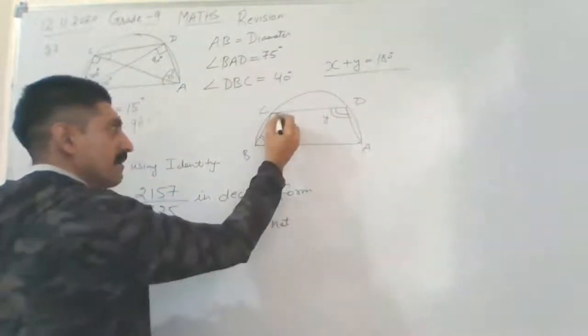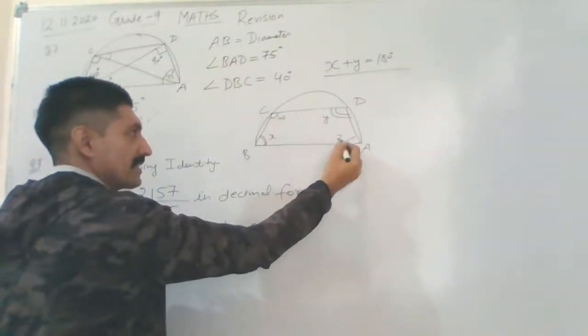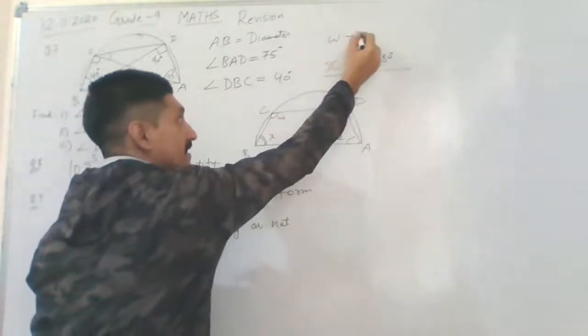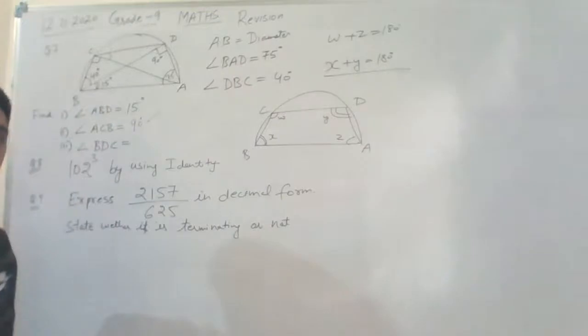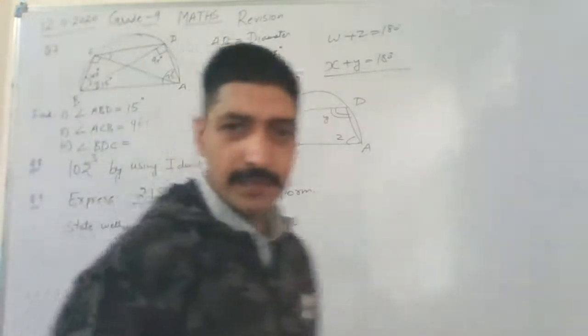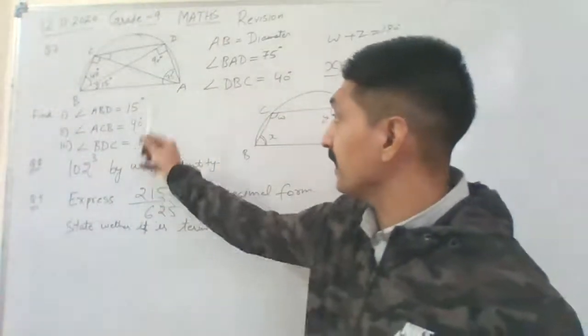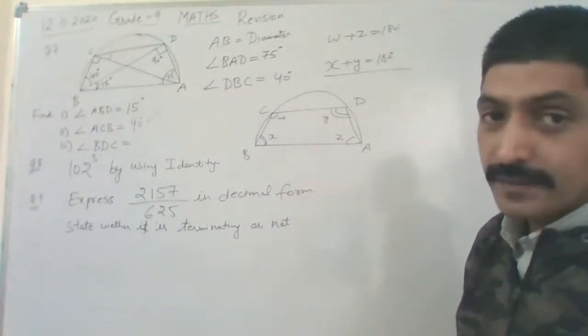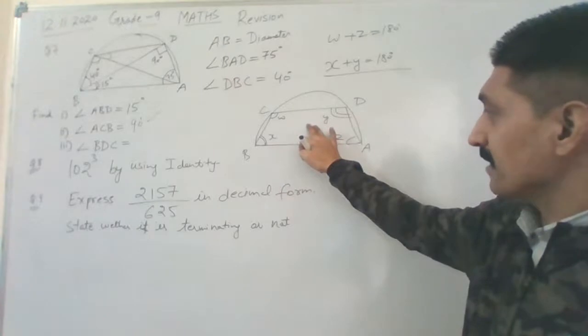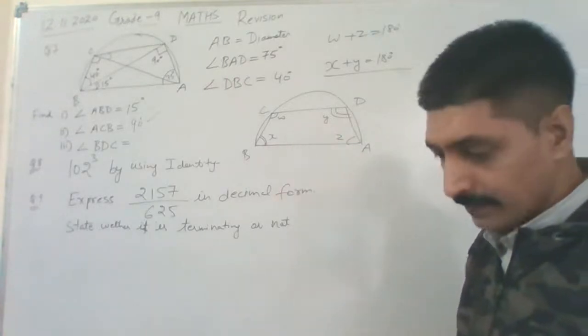If this angle is W and this angle is Z, W plus Z is also 180 degrees. Confirmed. So, what is the value of angle BDC? Apply the concept here.